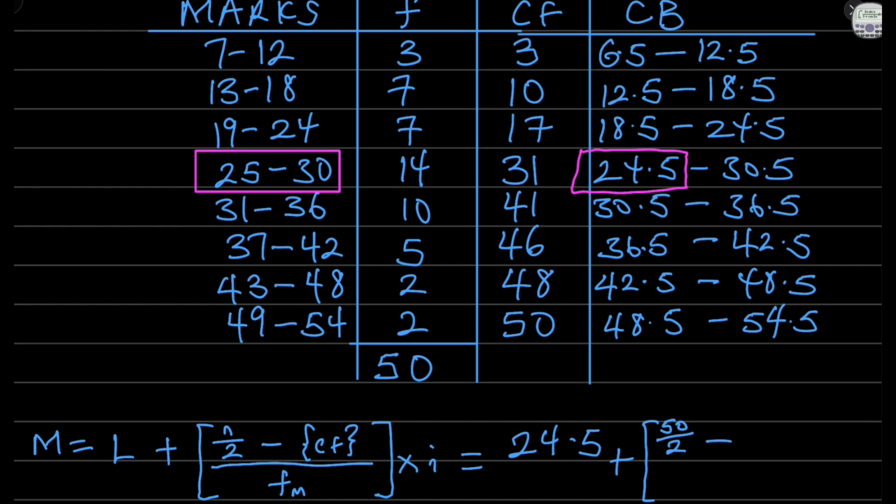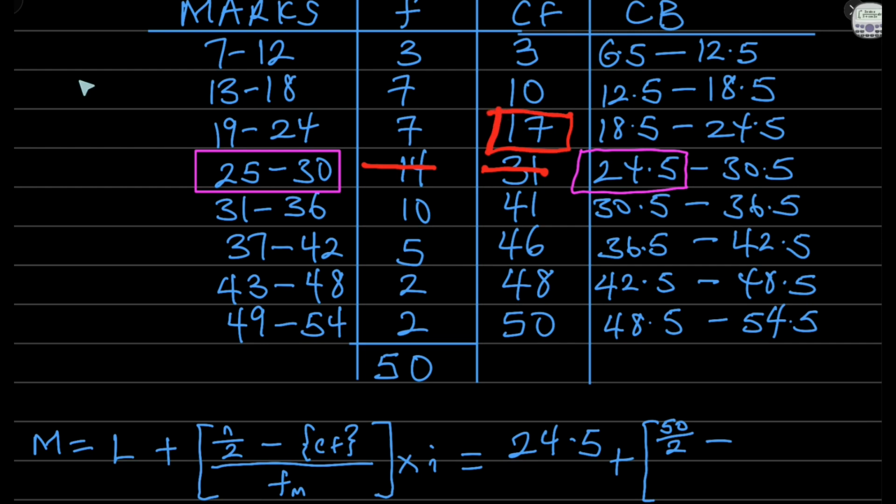Note that these are your cumulative frequencies, right? So we know that this is the frequency of the median class, and this is the cumulative frequency of the median class. But instead, we need the cumulative frequency before the median class. So this is the cumulative frequency before the median class, 17.